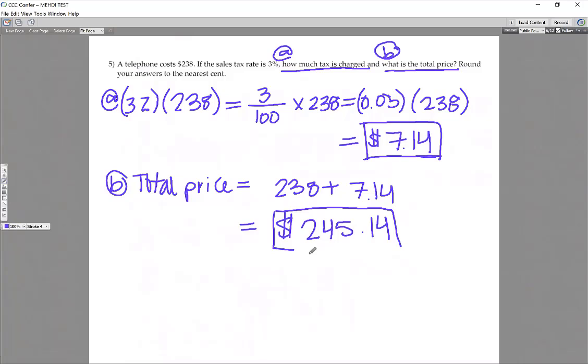And again, there's no need to round to the nearest cent because everything after 4 is going to be 0, so we round down. So we have $245.14 as our total price. So that completes the solution to question 5. There's 2 parts, so you need to have both answers.